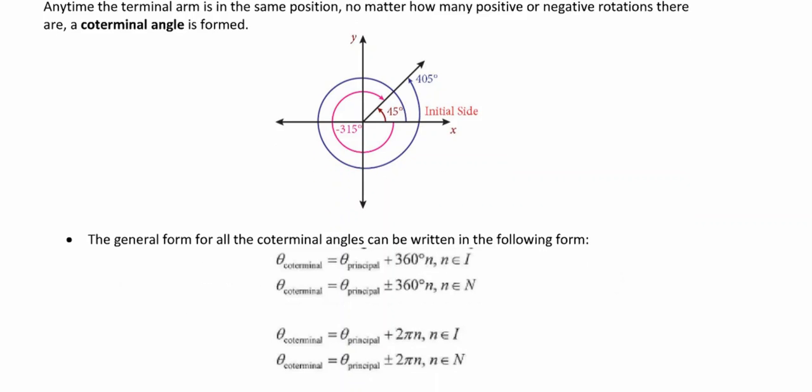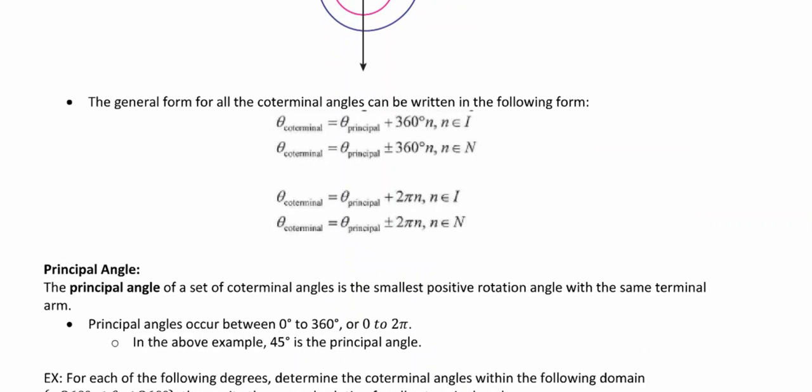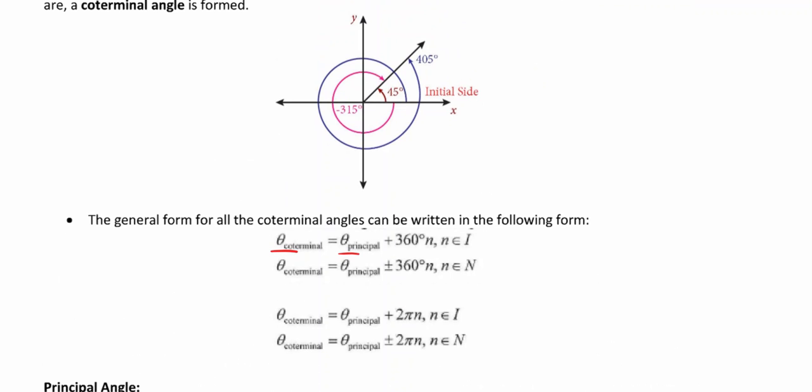Okay, so the general form for coterminal angles can be written in the following forms. This will be important. You guys will see this quite a lot as we go forward. So the coterminal angle is equal to the principal angle. Now the principal angle, what do I mean by that? The principal angle is just the angle, in this case, it was 45 degrees.